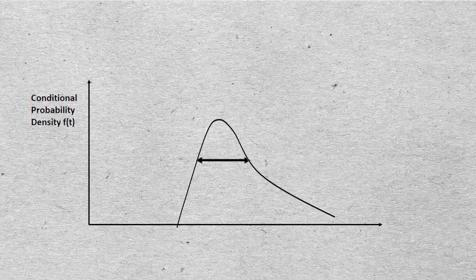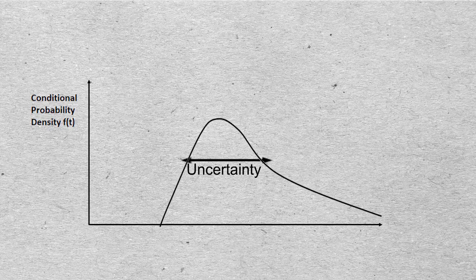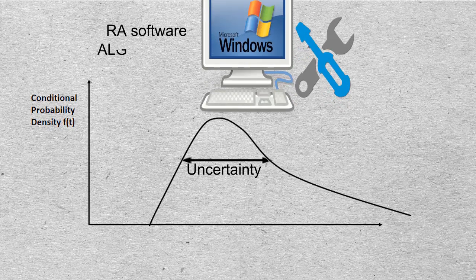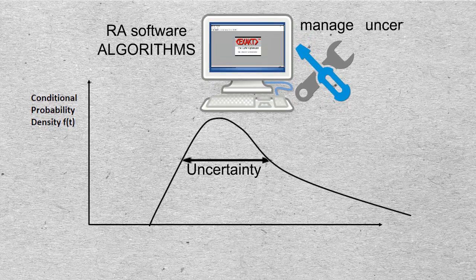Suspended data contributes to the uncertainty of an analysis. Reliability analysis software algorithms manage the uncertainty associated with suspensions so that confidence in a decision can be stated and thereby considered by stakeholders.